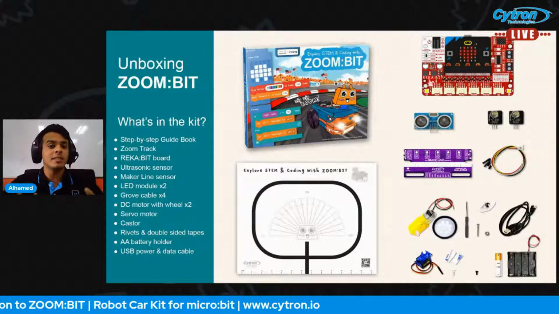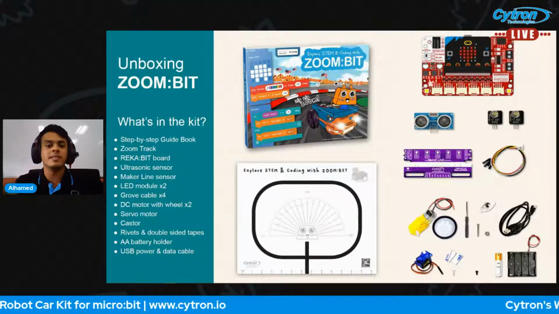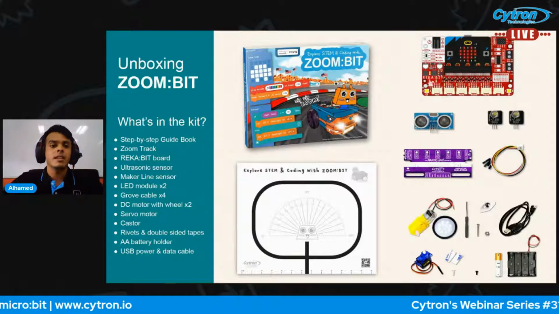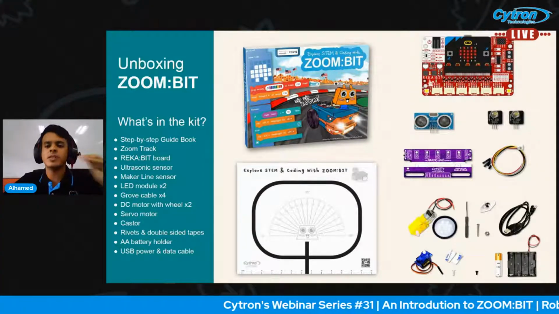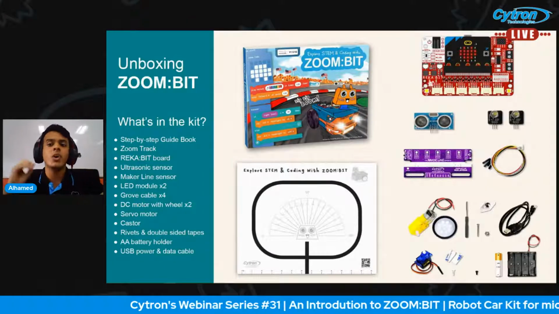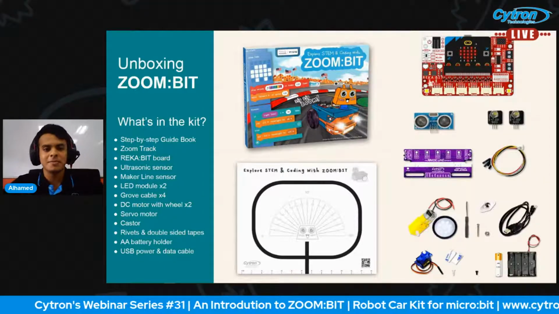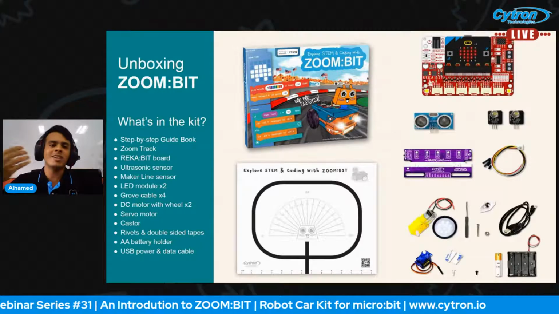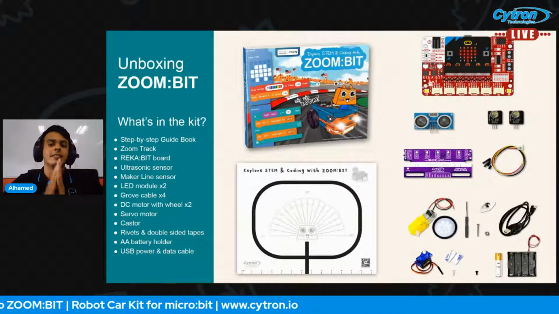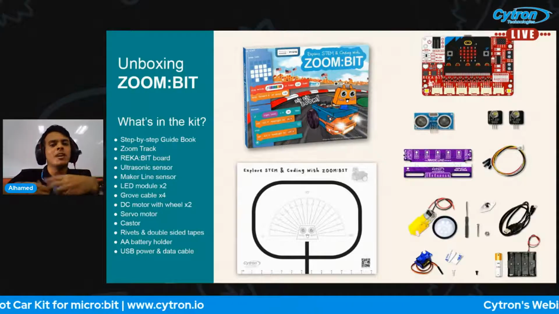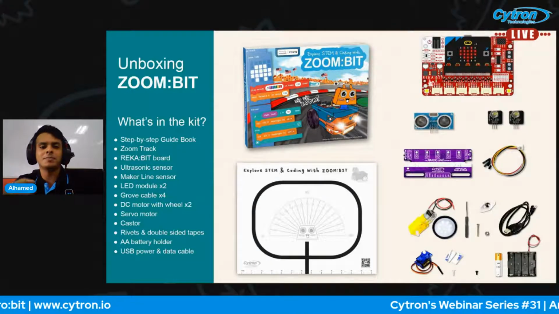First things first, for sure, we're going to have the step-by-step guidebook. And as I mentioned to you before, what makes ZoomBit so special is that it comes with this awesome guidebook. Why is it awesome? Well, because it's written in a simple language and it has a lot of fun graphics to help the young kids to follow along.